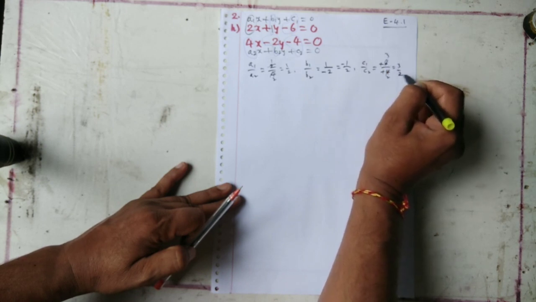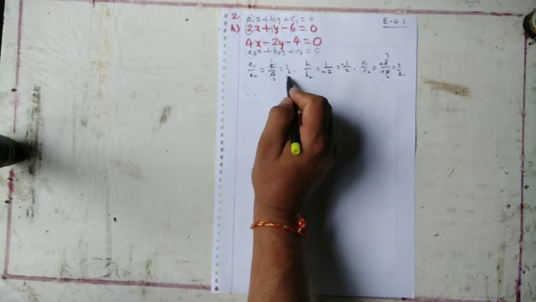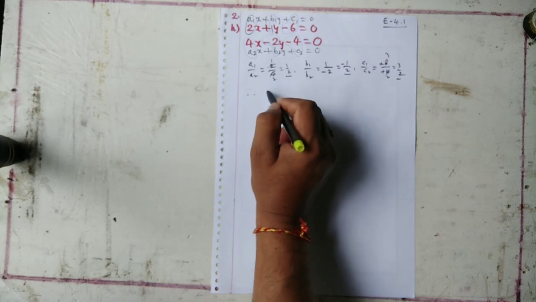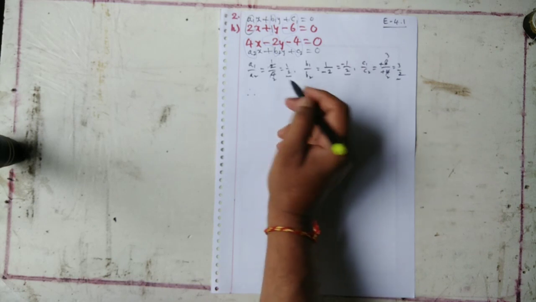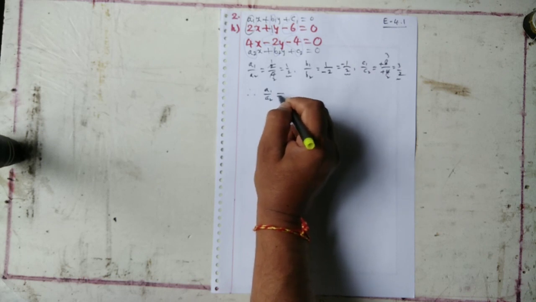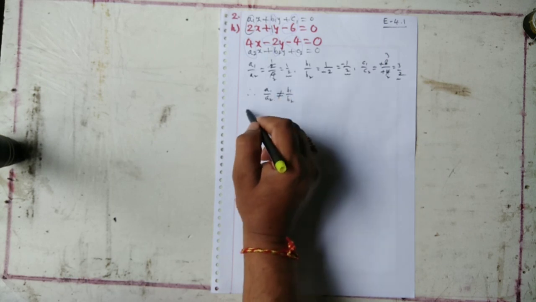Therefore, if we observe these answers, we can understand a1 by a2 is 1 by 2 and b1 by b2 is minus 1 by 2, not equal. So a1 by a2 is not equal to b1 by b2.